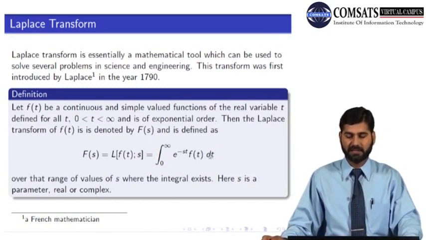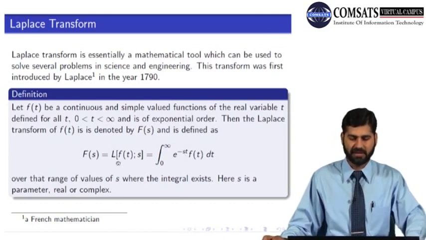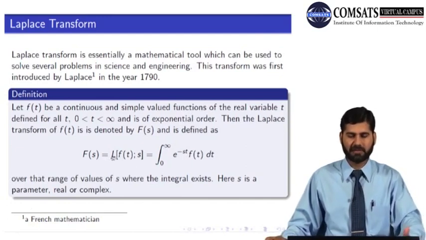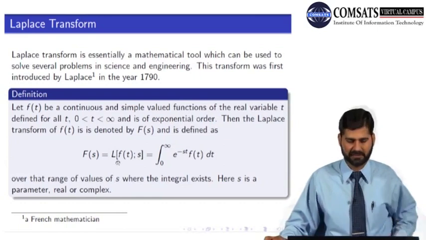So we are integrating with respect to t, so of course this is a function of s. See, e to the negative st, so s is another variable here. So there is this notation as well, L for Laplace, Laplace transform of f(t), and it converts this t to s. So the new parameter is s here.